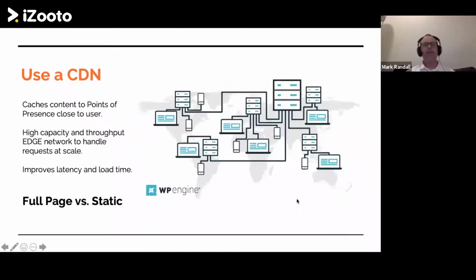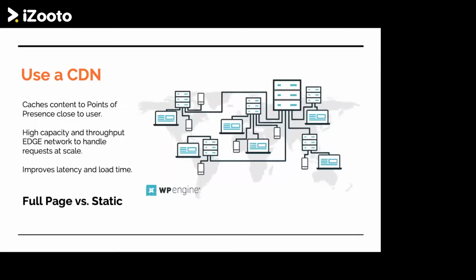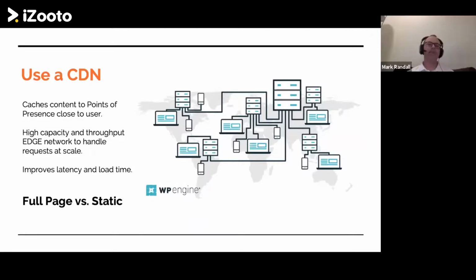So I talked about caching. I mentioned CDN briefly. For almost every site, you should use a CDN. It will cache copies of your content at points of presence close to your users. It will reduce overhead on your servers. There are different types of CDN out there. Full page CDNs are better than the static CDNs.